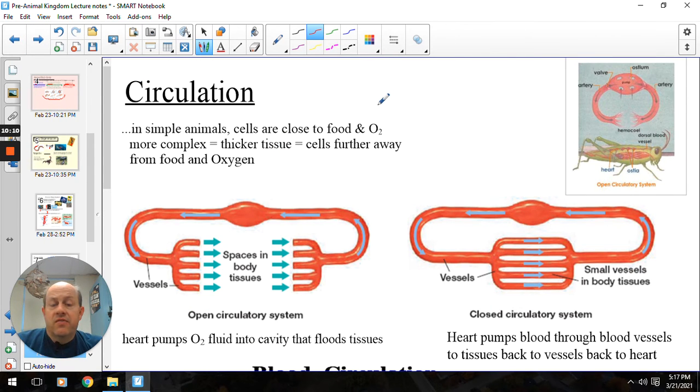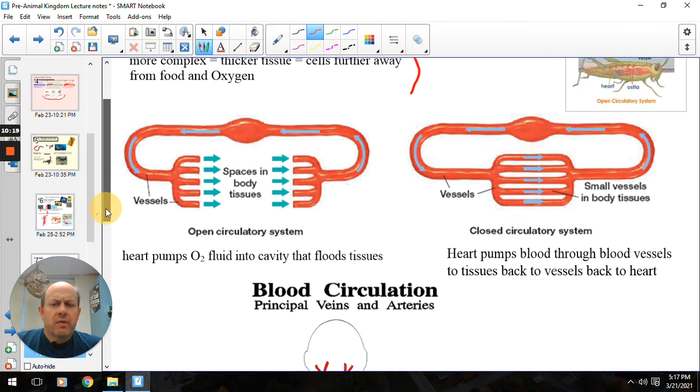Circulatory. So again, if you're simple enough, you don't need a system. Stuff goes into the cell and it comes right back out of the cell. But if we want to get very complex at all, we need a system. And so we have two possibilities here: open circulatory and closed circulatory.